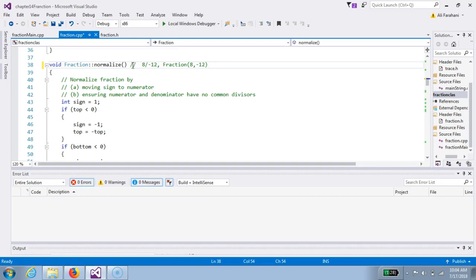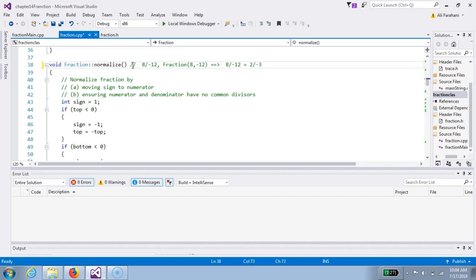And what normalize does is call the greatest common divisor to reduce the fraction. It reduces the fraction 8 over negative 12, where the greatest common divisor is 4, so it will be 2 over negative 3.